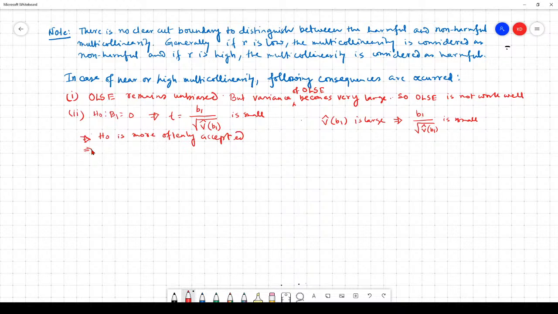Hence harmful multicollinearity tends to delete important variables. So be careful.